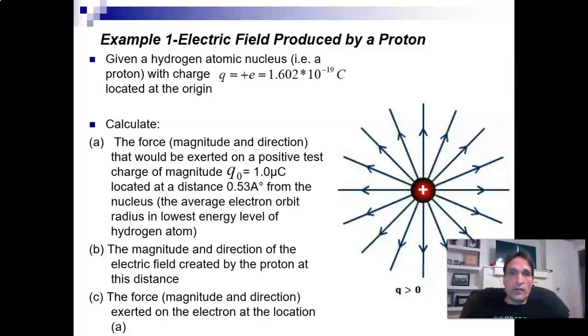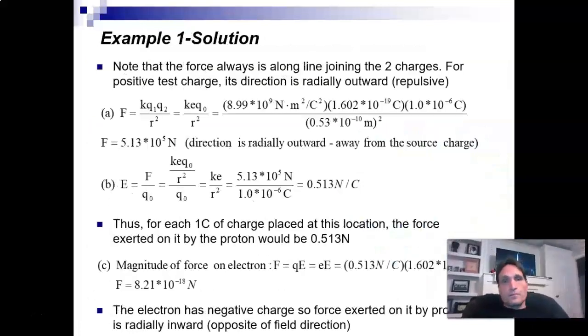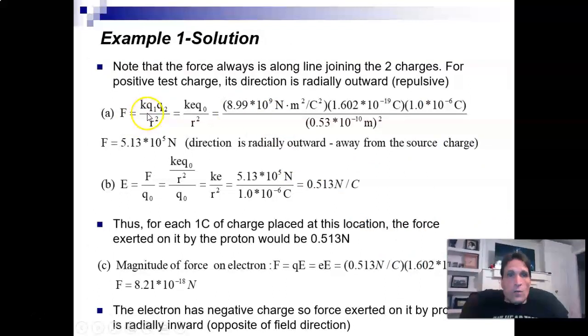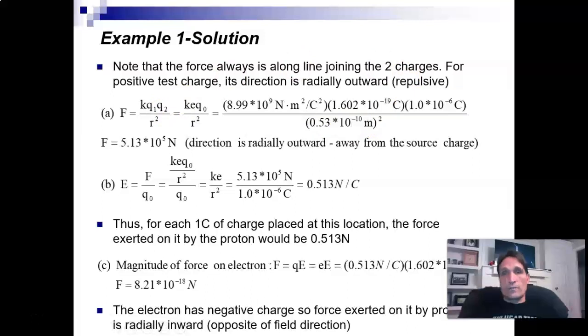Okay, so let's do that. So we apply Coulomb's law, where Q1 is the charge of the nucleus, which is 1.6 times 10 to the negative 19 coulombs. And Q2 is the charge of our little test probe here. So suppose we stick a 1 microcoulomb test probe at this distance from the nucleus to measure the force.